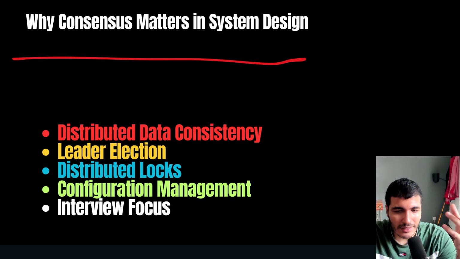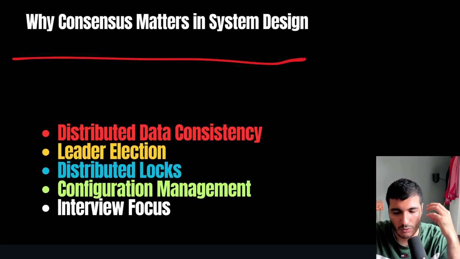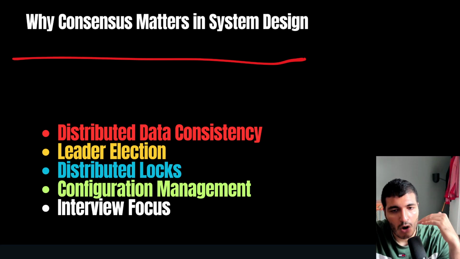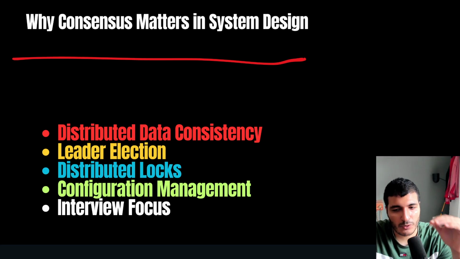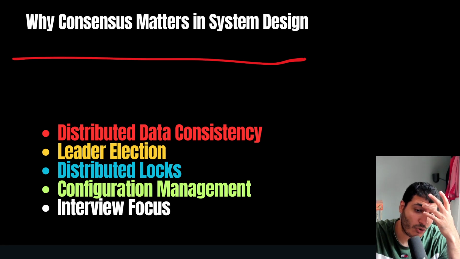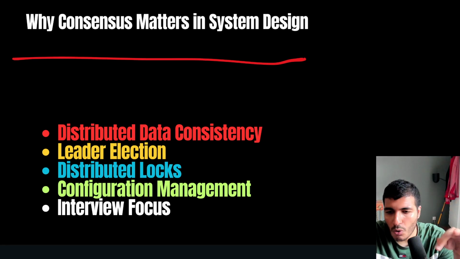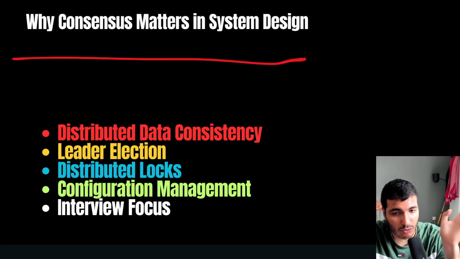Reliably electing a single primary or leader in a cluster for tasks like coordination or handling writes. Number 3, distributed locks, guaranteeing that only one process holds a critical lock across many machines. Number 4, configuration management, ensuring all nodes in a cluster agree on the same shared configuration values.